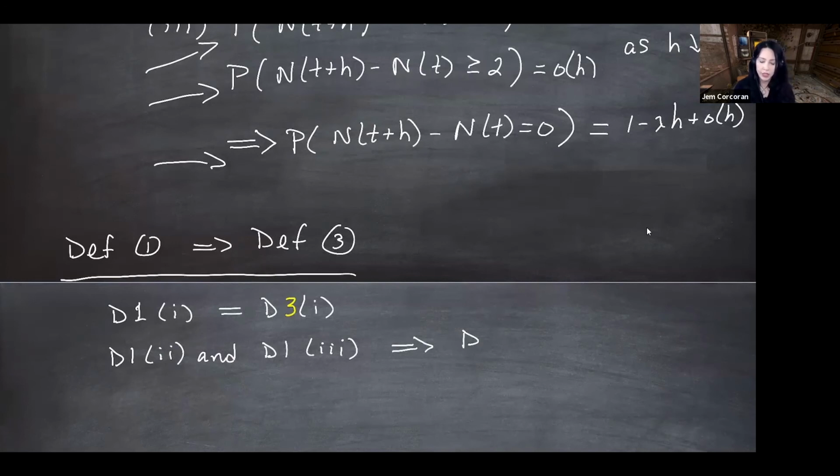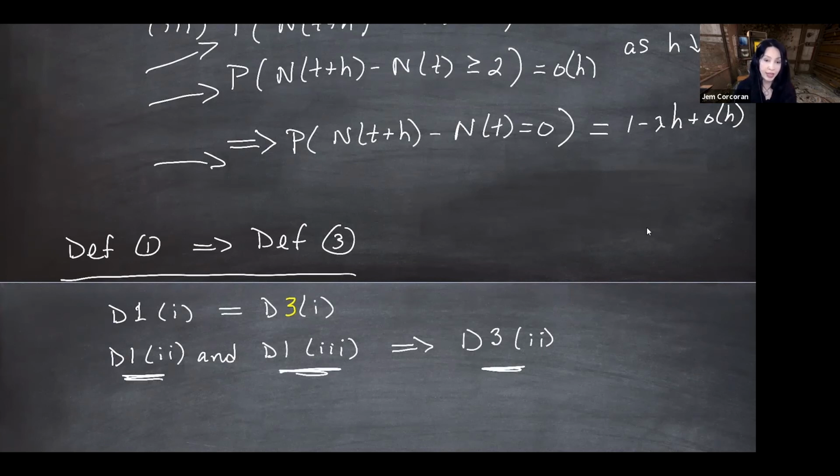Okay, so definition 1, double I and triple I give us definition 3, double I. So definition 1, double I was independent increments, and that was just part of our double I here, which was independent and stationary. Definition 1, triple I was the whole Poisson assumption, but it was stated in a way that implied stationarity.